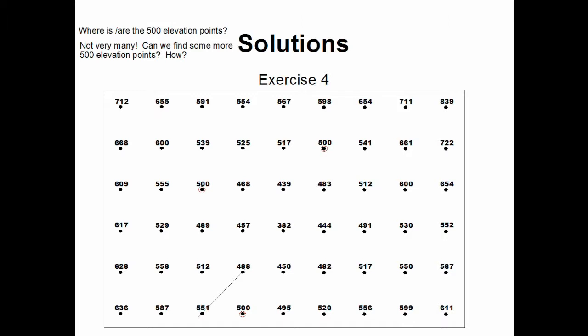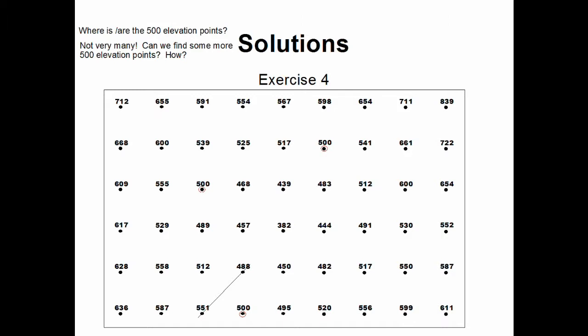But here we have 2 points, 488 and 551. You can easily see by moving from the 488 point to the 551 point that we will cross the 500 elevation point somewhere. Now, without much to do in actually putting a scale down, where do you suspect the 500 point would be? Closer to 488 or closer to 551?